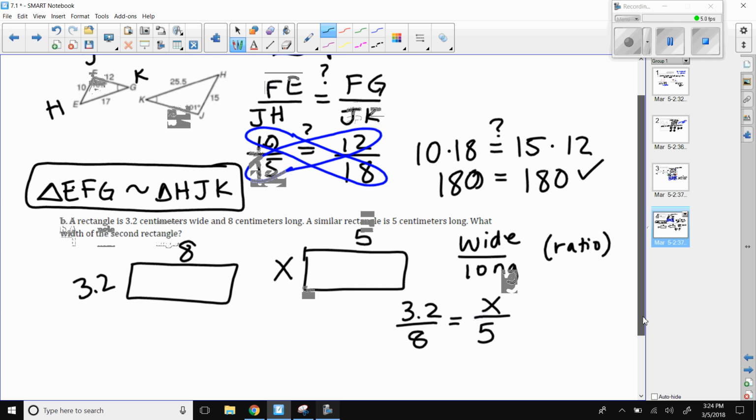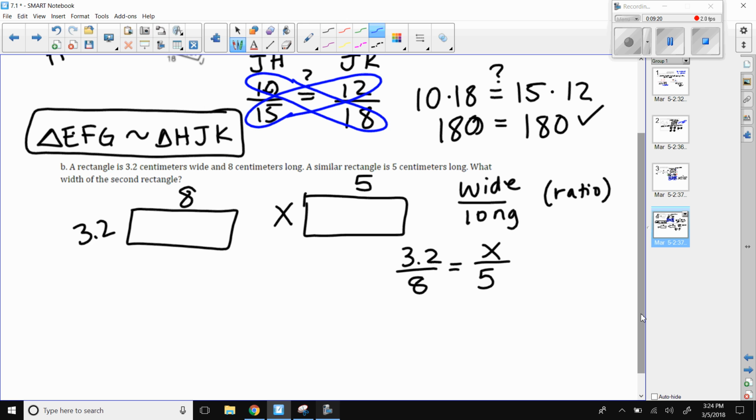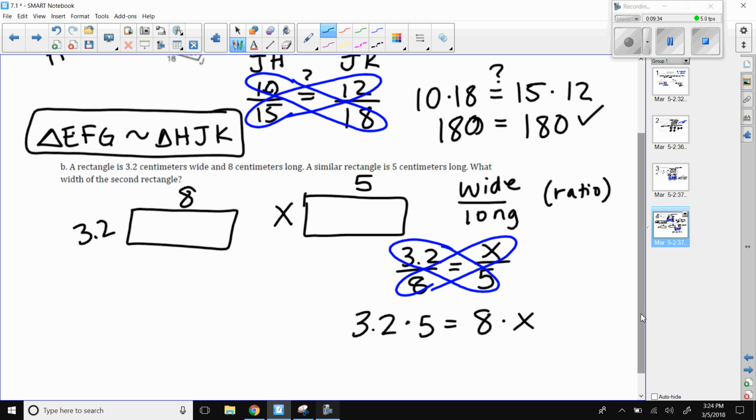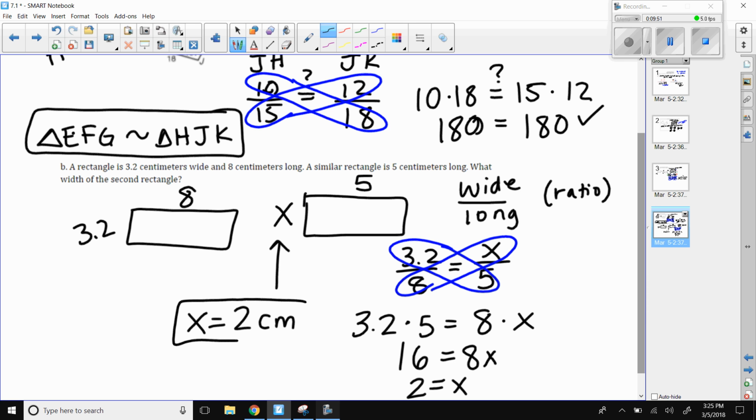And here's where I want to do my cross multiplication. I'm going to have 3.2 times 5 equals 8 times X. So 3.2 times 5 gives me 16 equals 8X, which means that I get 2 equals X. So the width here, X equals 2 centimeters. And that's it. So these should be helpful to complete the rest of the packet.